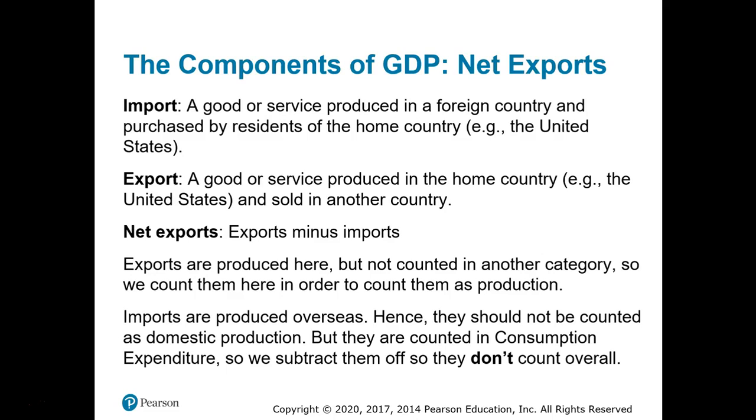And we've talked about net exports, imports overseas, which are not connected to our domestic production. So they're not counted technically in our consumption expenditure. We then subtract them, so we're sort of over counting them. Amazon has foreign made products.